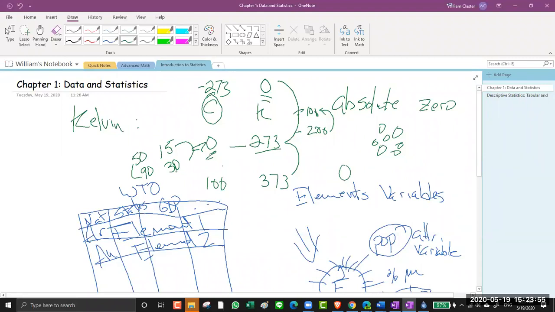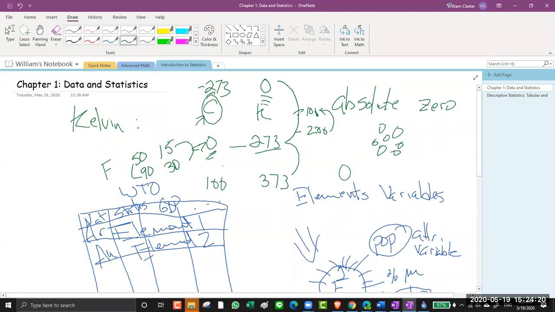Professor, so the temperature is not a ratio scale, right? Right. But on the other hand, there is a temperature which is ratio scale. Centigrade is not ratio scale, and Fahrenheit is not ratio scale.